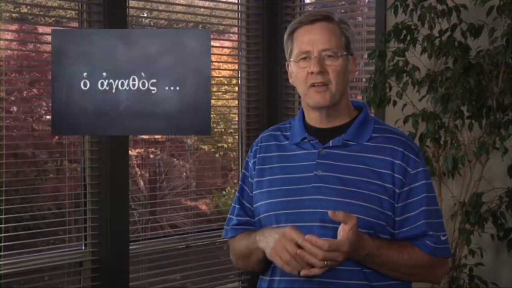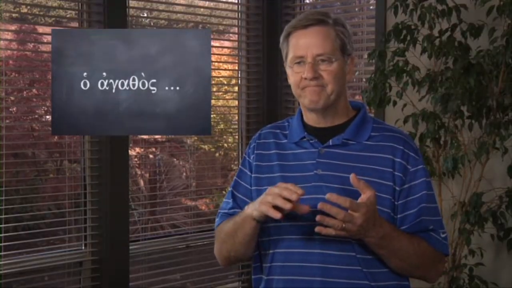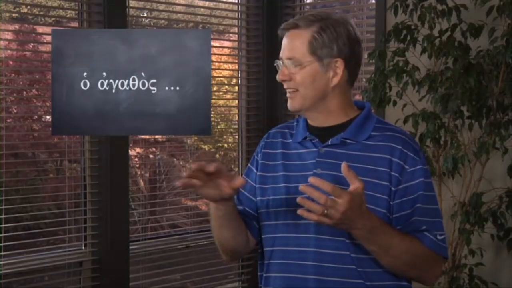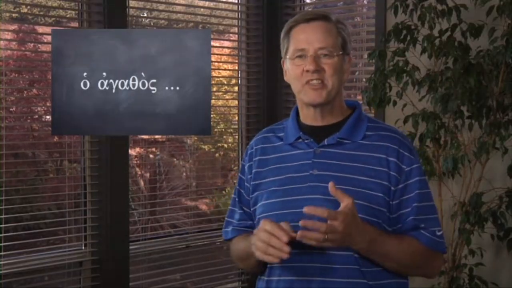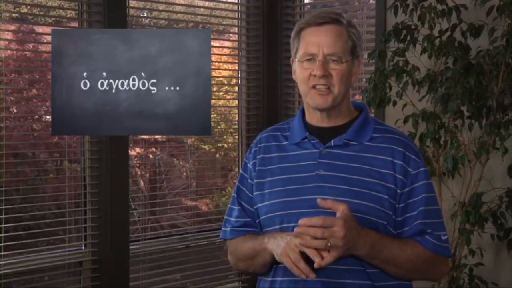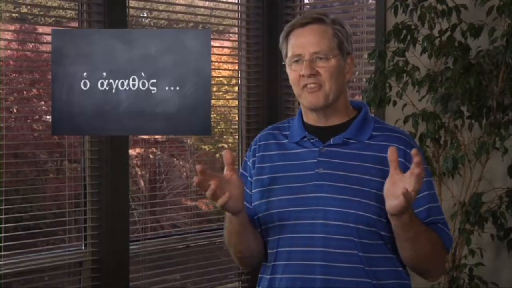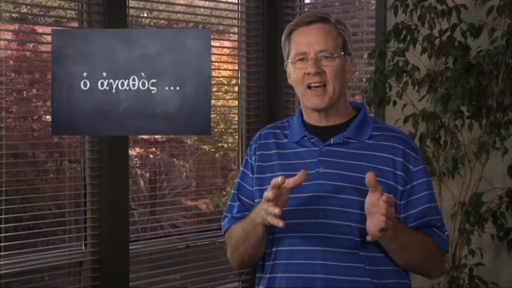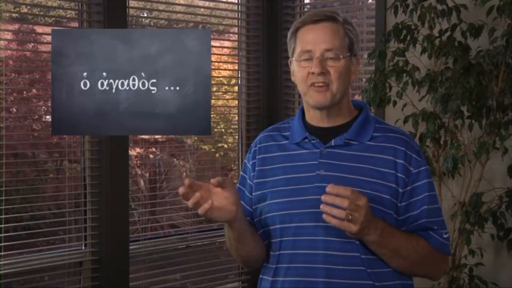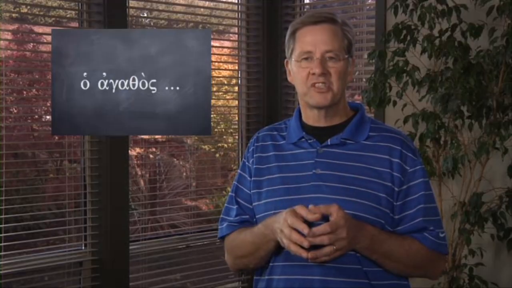Now let's look at another scenario. We're still under the general category of articular constructions. Let's say you came along and you saw ho agathos. You translated 'the good,' and you go, wait a minute, where's the noun? You're looking all over for this noun. Well, that's your clue. If you have an articular adjective, and the adjective doesn't always have to be articular, but it often is, with no noun to modify, your best bet is that the adjective is functioning as a noun.